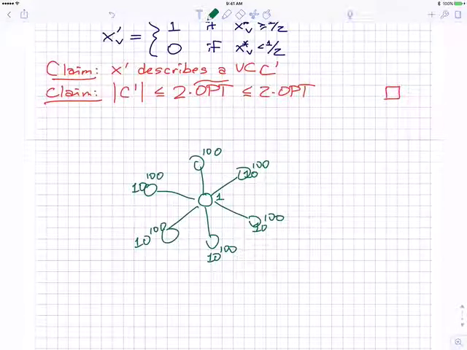In fact, if you ran the LP rounding algorithm for this particular instance, what you would get is just that vertex. Because the only vertex cover that has size at most 2 has to exclude all vertices that have weight more than 2. So it'll actually give you the optimum solution.